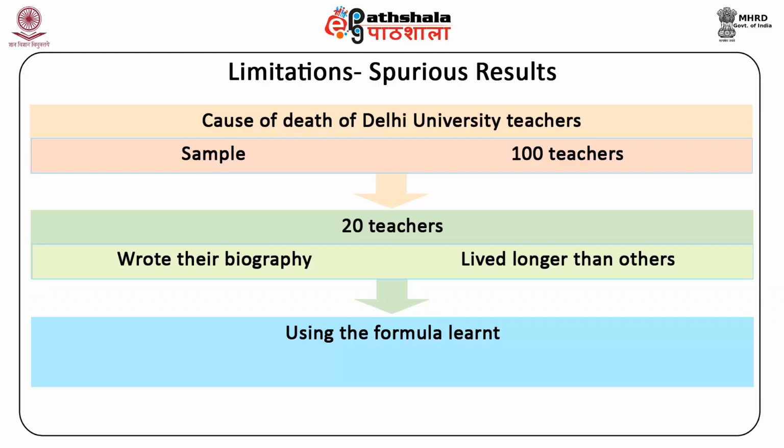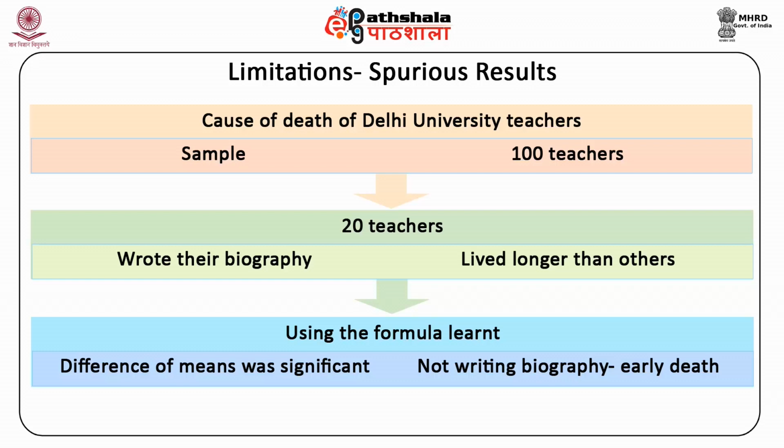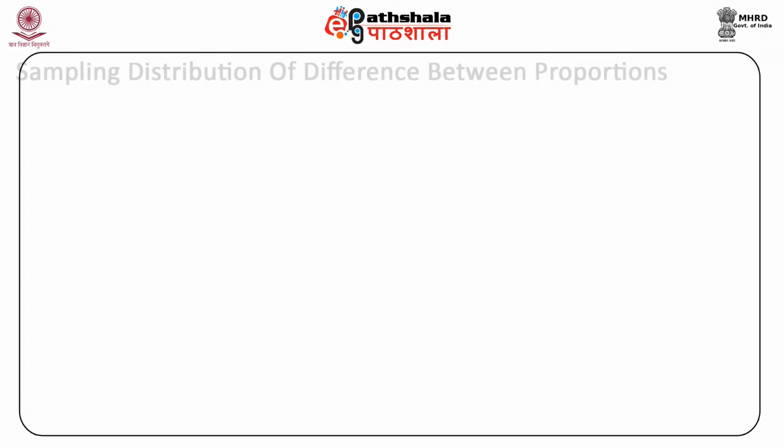When the above formula was applied, it was found that the difference of means was significant, which implies that not writing biography results in early death. This is an illogical reasoning behind the death of Delhi University teachers. Therefore, it results in spurious results.